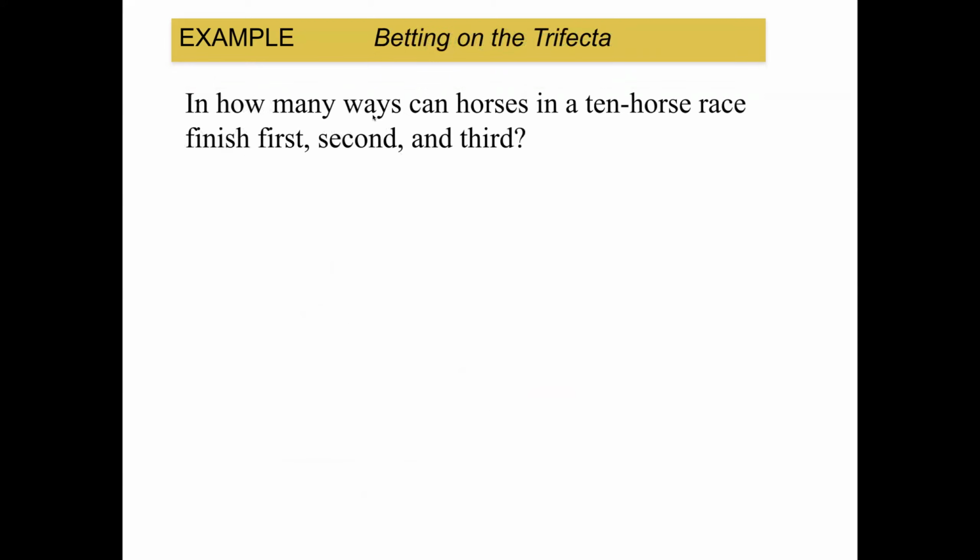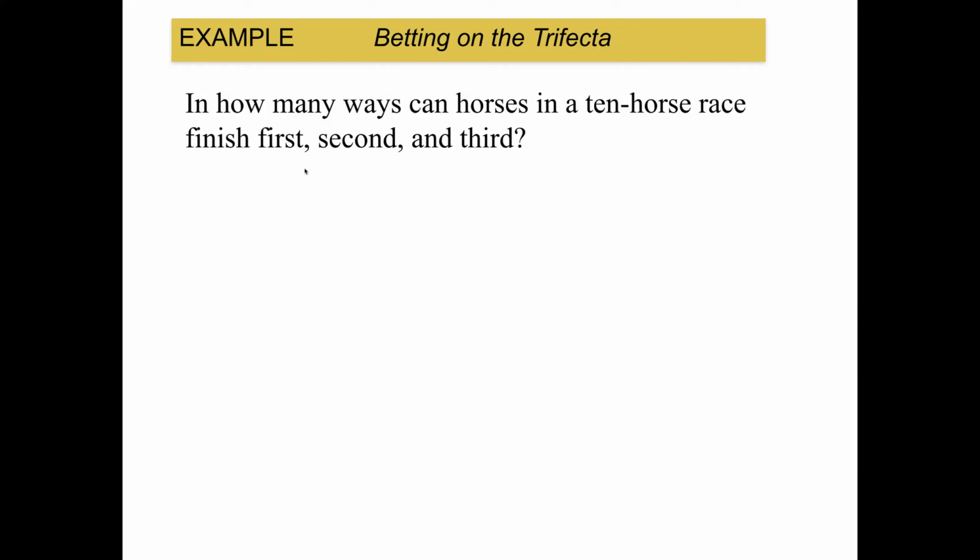Okay, so let's do another example. Betting on the trifecta. If you know horse racing, you may know what this is. In how many ways can horses in a 10 horse race finish first, second, and third? If you think about this, you could probably noodle it out, but you can't always figure it out.